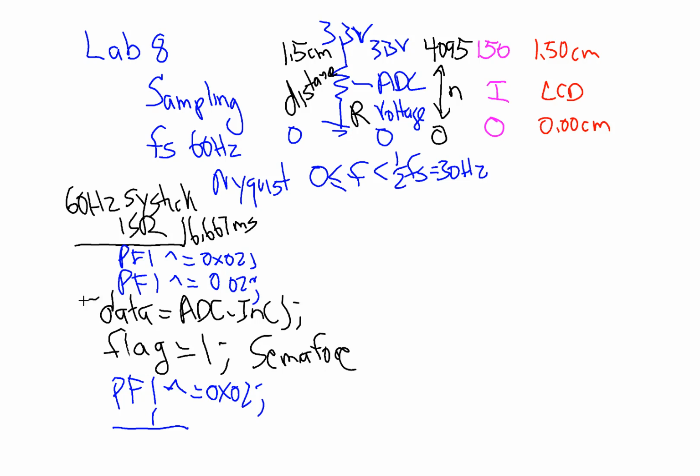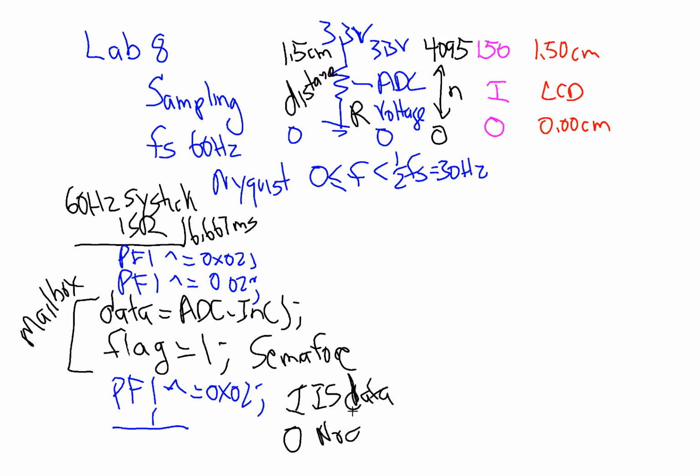The combination of this global variable, both data and flag are global variables, but the data and flag together we categorized as a mailbox. Right? And if the flag was equal to 1, that means there is data. And if the flag is equal to 0, that means no data, and we'll see this in a second. Okay?